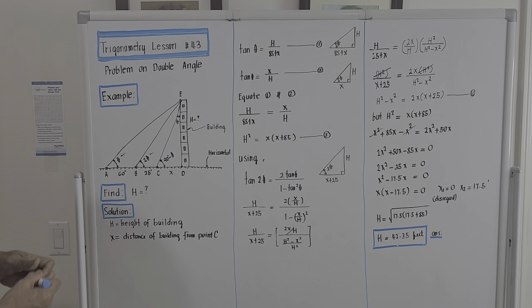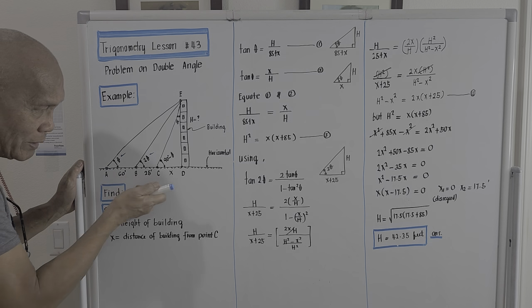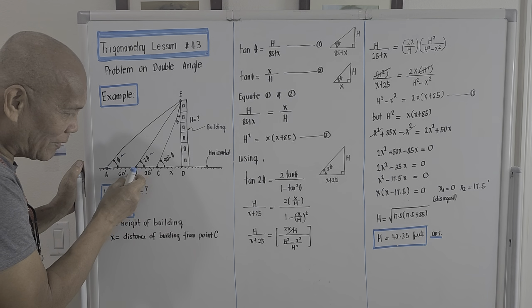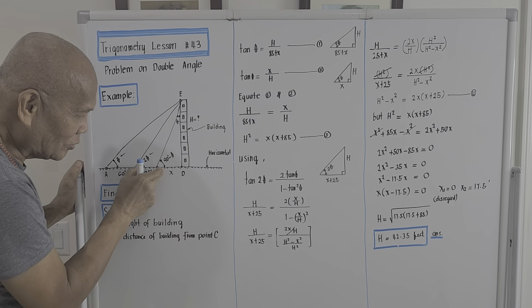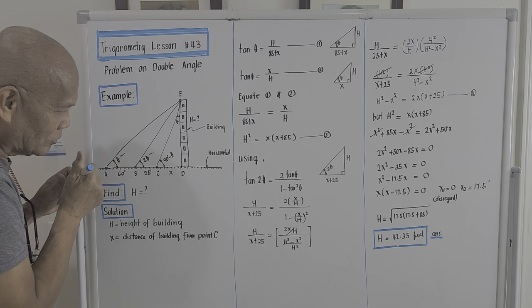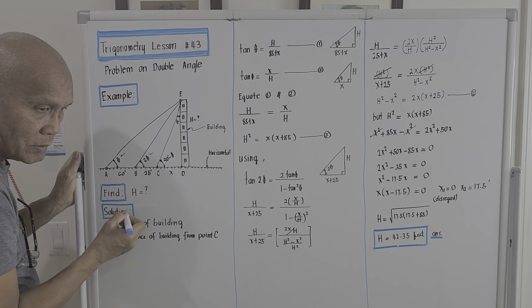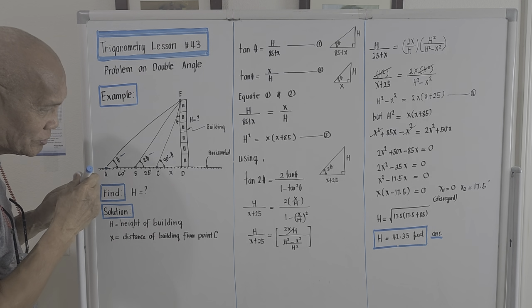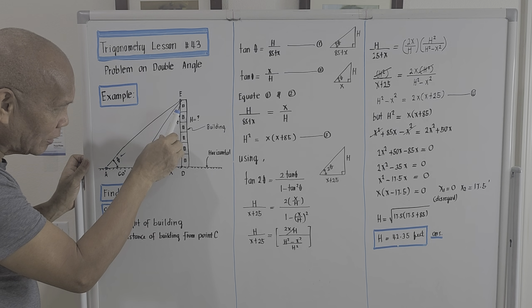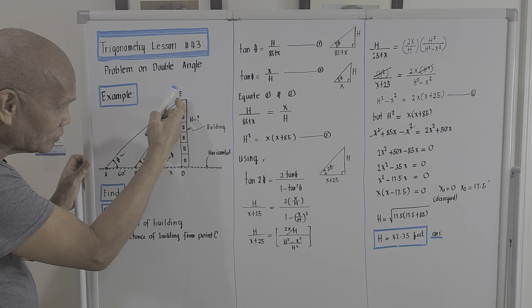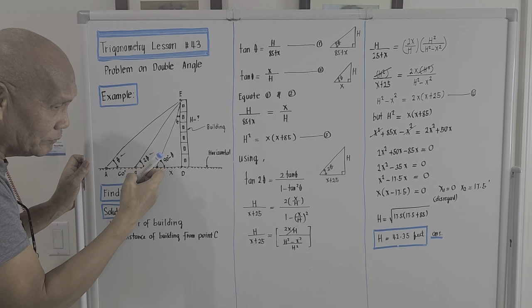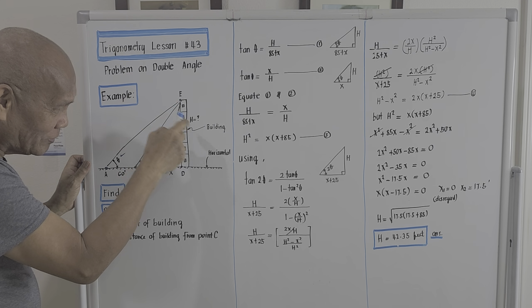Then again, he moves forward to the base of the building 25 feet further. This is 25 feet. So he is now at location point C. Again, using his transit, he takes the angle of elevation of this point, because we are interested in the height of the building.